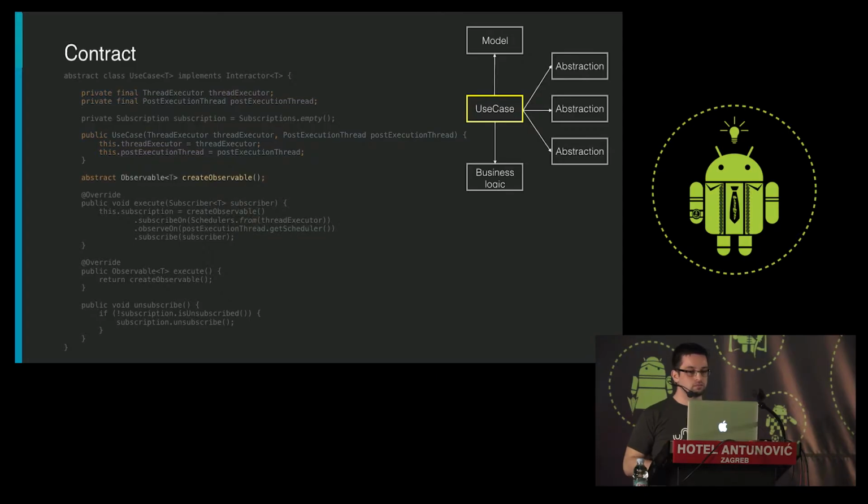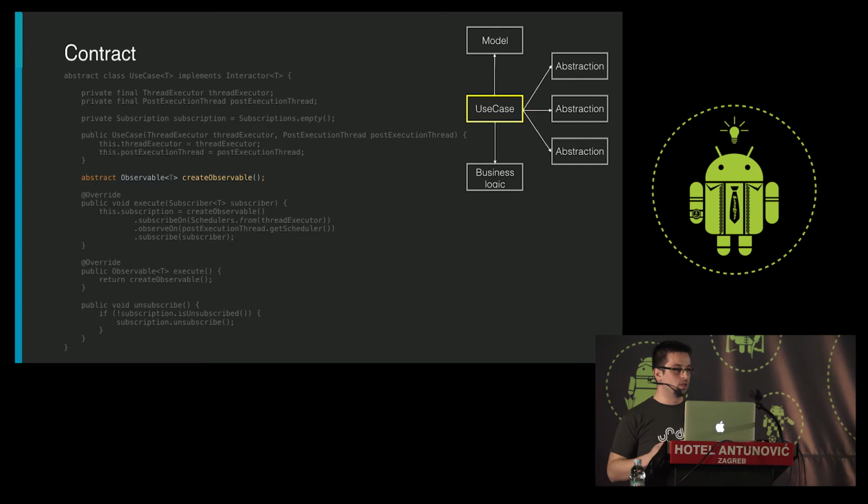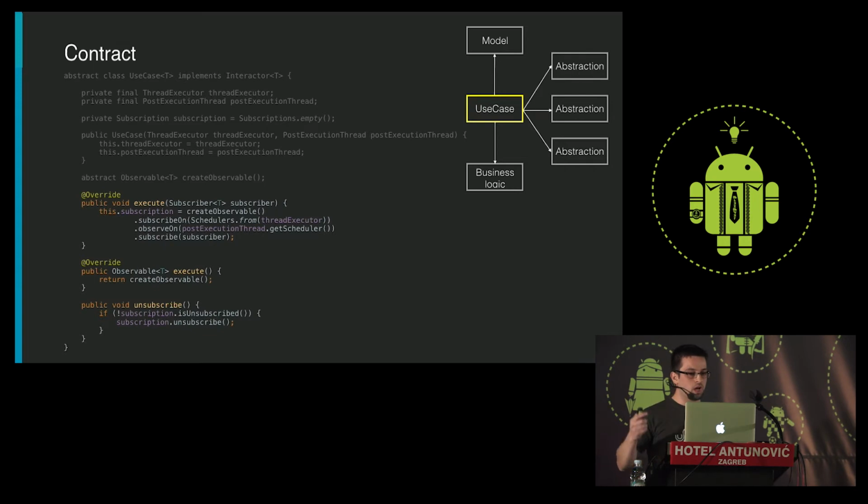The important method of this class is create observable. The job of the implementer of this method is to transform the business logic execution into a stream. The execute method calls that create observable, and since it's a stream, applies the schedulers, which are passed via constructor injection, and subscribes the subscriber, which is passed via parameter.